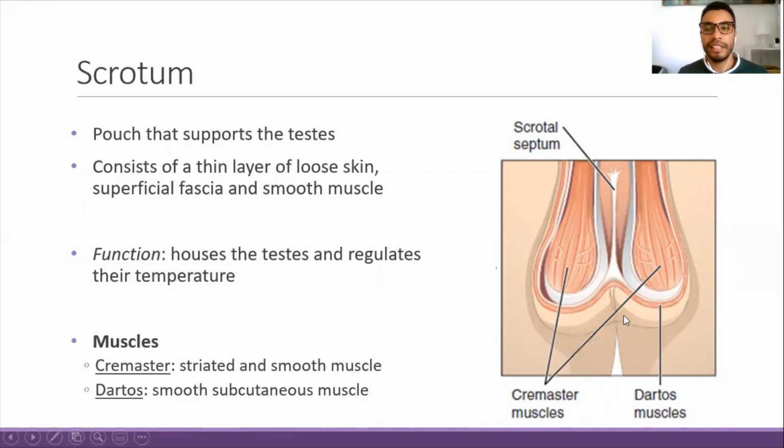So the dartos is another example of subcutaneous muscle, here in the scrotum. These muscles can contract, and when they contract, they elevate the testes closer to the pelvic cavity. So when the environment is too cold, for example, they contract, and then they regulate the temperature inside the scrotum.